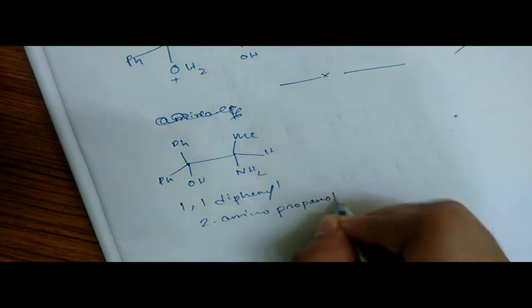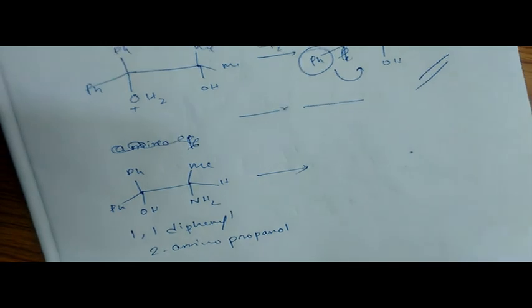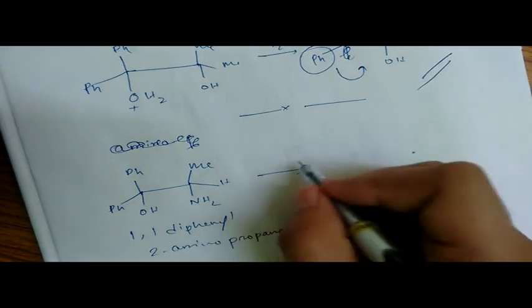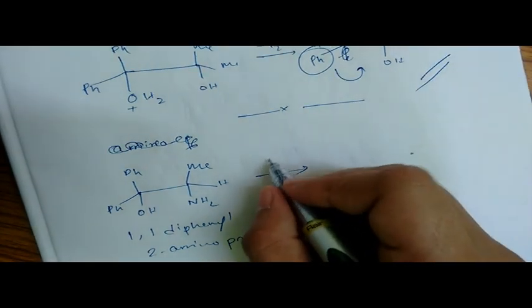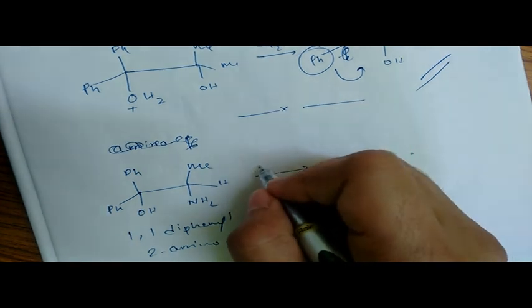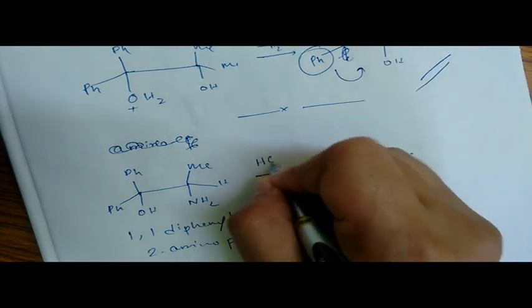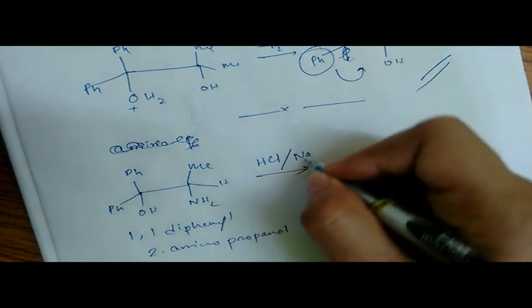Okay, so this type of molecule also gives Pinacolone rearrangement reactions. Here, instead of using a normal acid source like H2SO4, we will use HCl in presence of sodium nitrite.